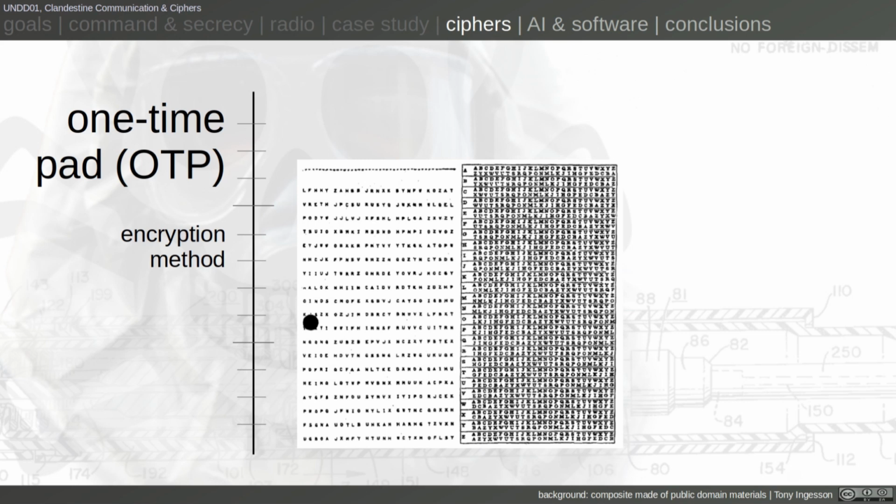In this case, you have all the letters in blocks of 5, which is a fairly common way of doing it. The interesting thing about a one-time pad is that it is theoretically unbreakable at this point in time. So no computer that exists and is operational today is capable of breaking a perfectly generated and used one-time pad.